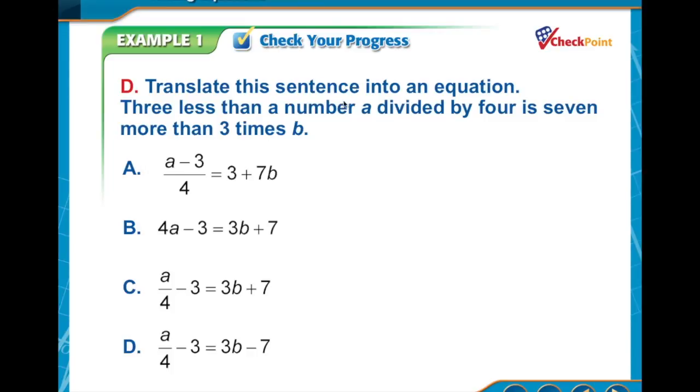So 3 less than a number A is A minus 3. So we should have A minus 3. A minus 3 divided by 4. So all of this divided by 4 is, means equals, 7 more than, so we're going to add 7.